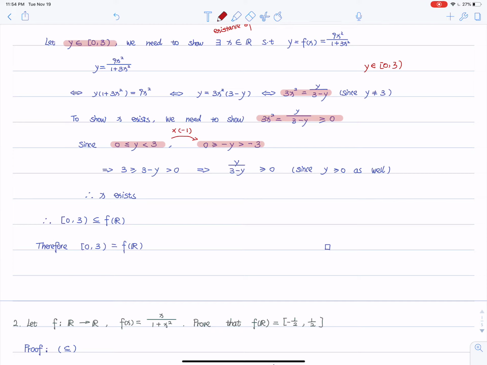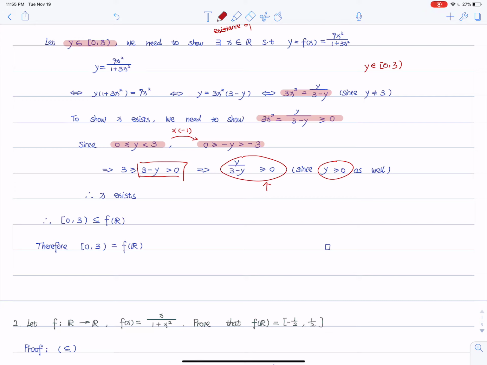And eventually you should get this. So we have this is greater than 0, because we know y is greater than or equal to 0 and 3 minus y is greater than 0. Based on this and this, we have this. Therefore, x exists.